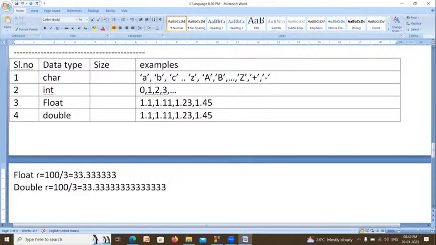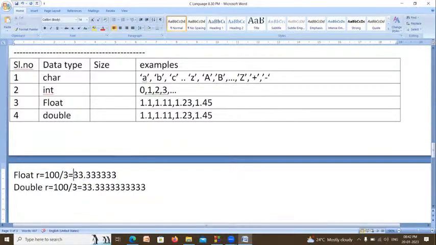If you want to maintain 6 or below 6, then you can take float. If you want to maintain more than 6 precisions, then you have to take double. It gives more accurate results. Float gives less accurate results. That is the difference between float and double.